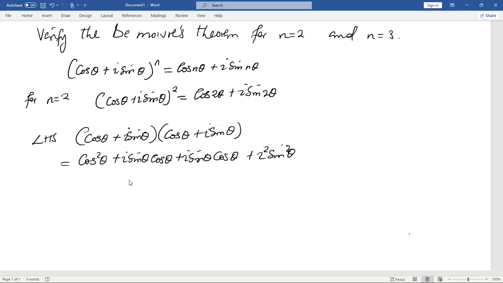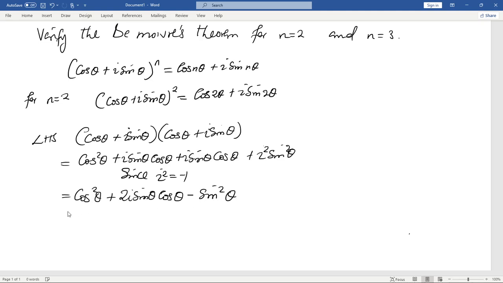Now remember that the value of i squared is equal to negative 1, so meaning that here we're going to have cos squared theta plus, and these two terms are like terms, so we can simply add them. We're going to have 2i sin theta cos theta. Then since i squared is equal to negative 1, this becomes negative sin squared theta.